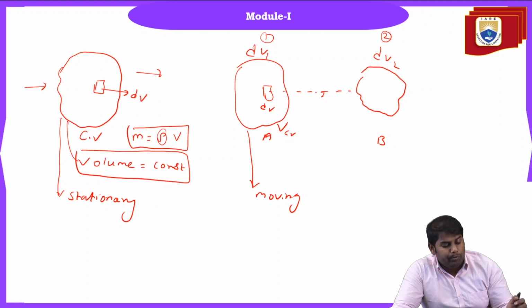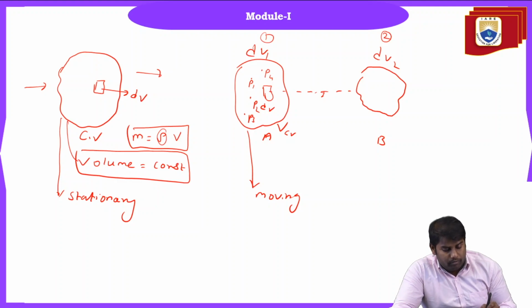That is one aspect. The next aspect is when you have a control volume which is moving with the flow, with the same number of fluid particles. If you take the fluid particles, let's say P1, P2, P3, P4, which are moving within the control volume, we observe that when it is moving with a certain velocity, there is always the same number of fluid particles inside the control volume.